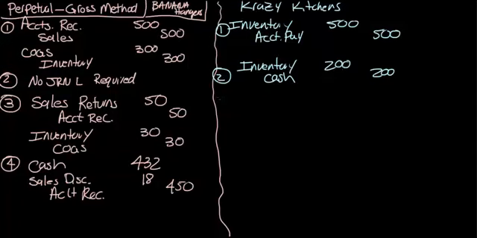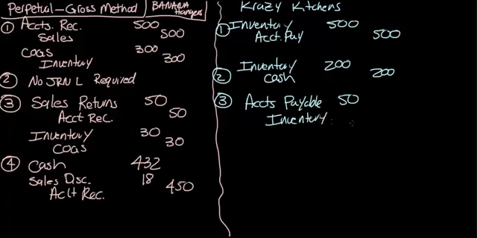Okay. Third, we're going to have a sales return. And if we record this on our side, we're just going to reduce our accounts payable by $50 and credit inventory. So we're going to debit accounts payable and credit inventory.